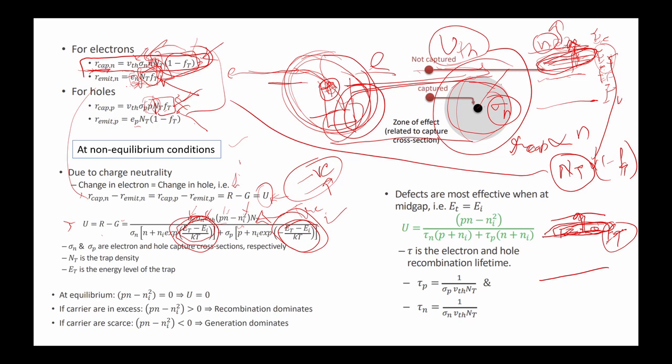Another thing is that U depends on pn minus ni square, that I already told you. pn should be equal to ni square, so pn minus ni square is equal to 0.